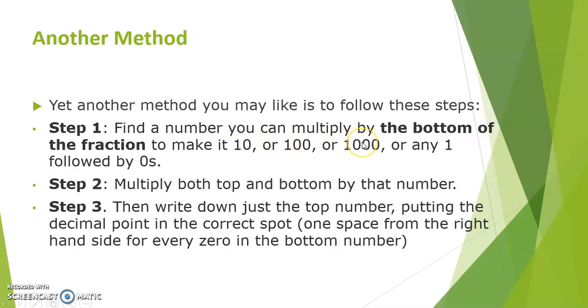Then multiply both numerator and denominator by that number. We multiply the top and bottom by the number that will make the denominator equal to a multiple of 10.